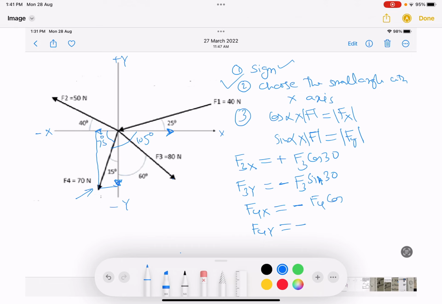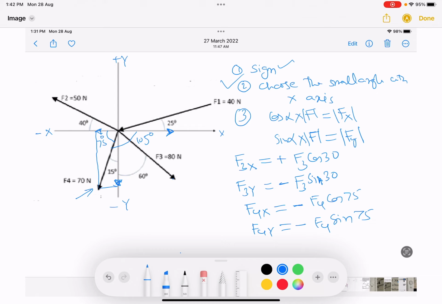What is the smaller angle with the x-axis? 75. Okay. And F4y is F4, the magnitude, into sine of the smaller angle which it makes with the x-axis, 75. Right. So this is how, in a very simple mechanical way, you can resolve the forces, right?